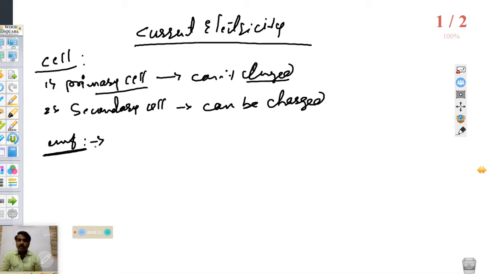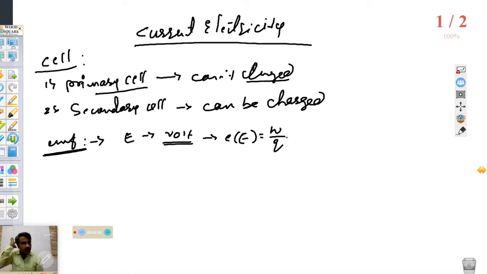It is represented by E and measured in volt. In the cell there also exists some internal resistance. We can define EMF E as W by Q, where W is the work done in flowing the positive charge from one terminal to the other.